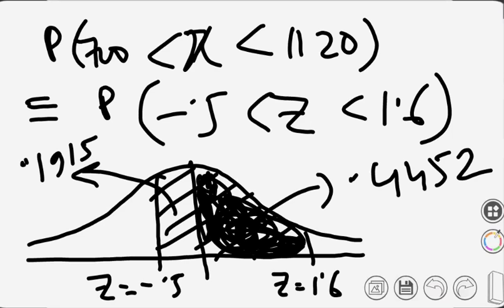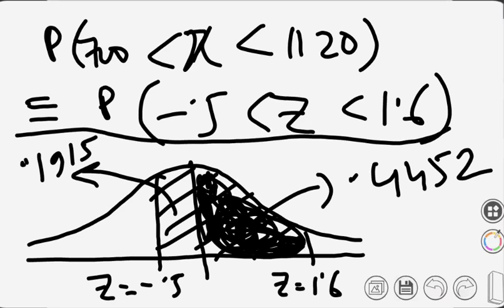Hence, what will be the required area? How do we find it? Z is lying between minus 0.5 and 1.6.